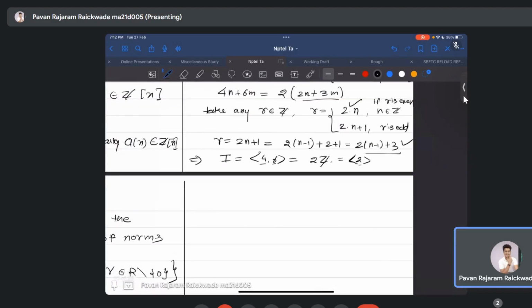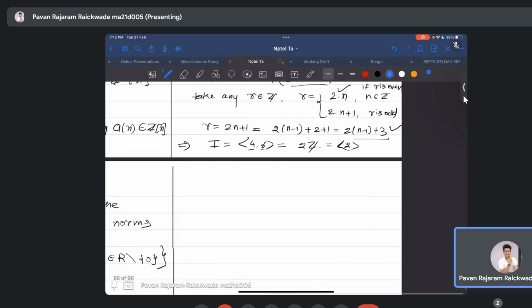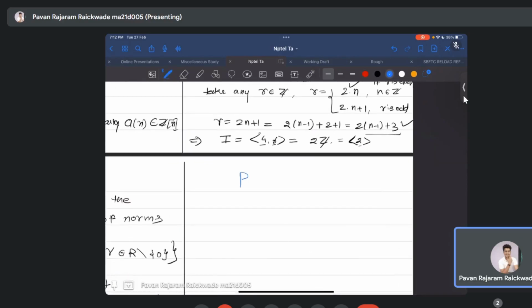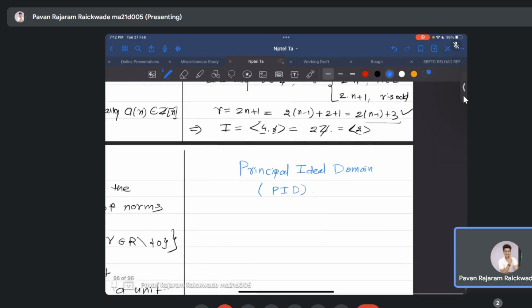Now there is a second concept, a kind of sub-concept, which is called a principal ideal domain, PID. So how is it defined?